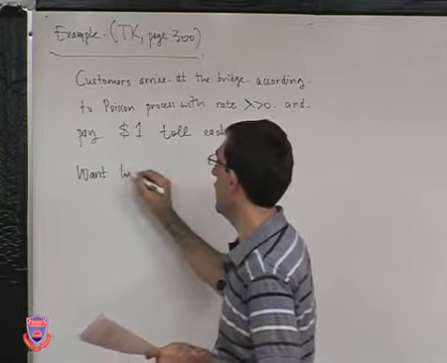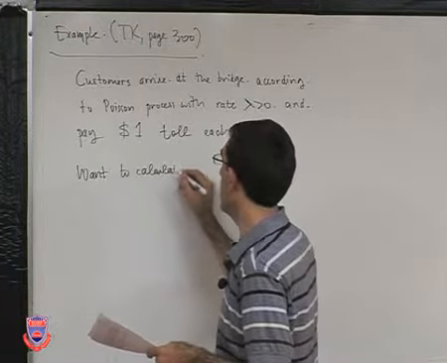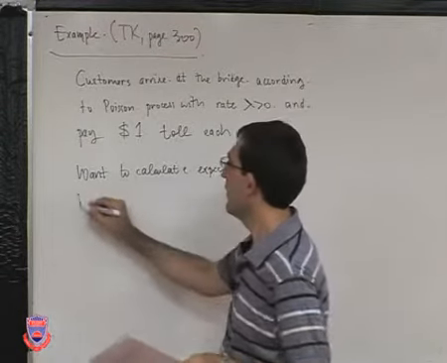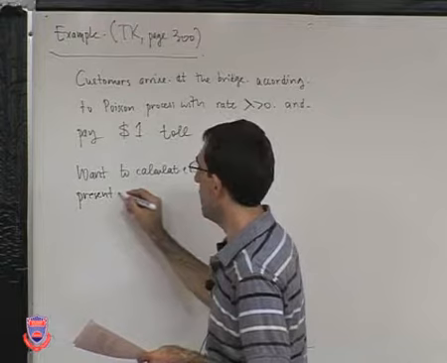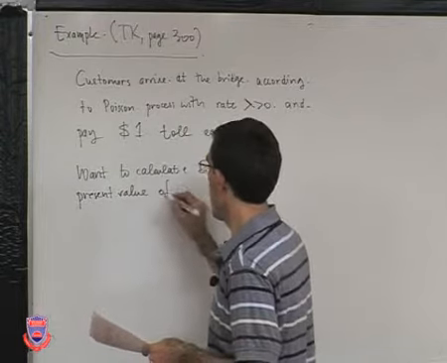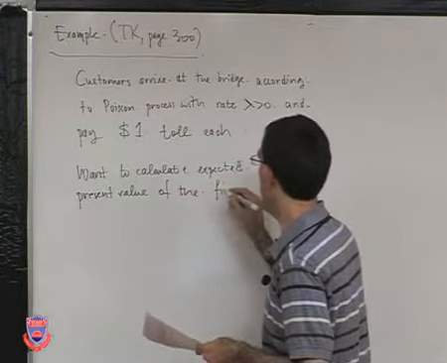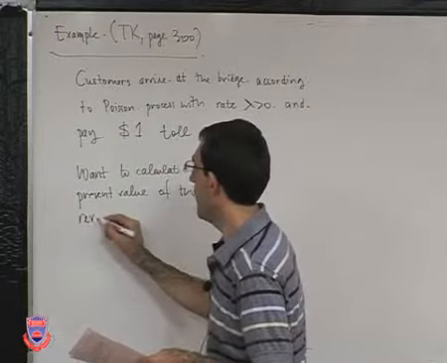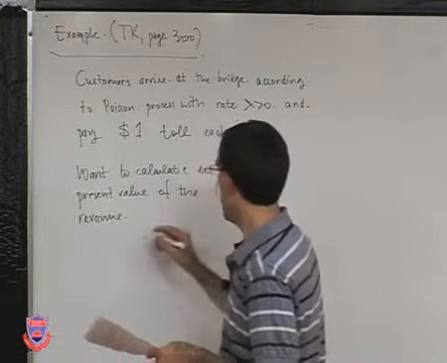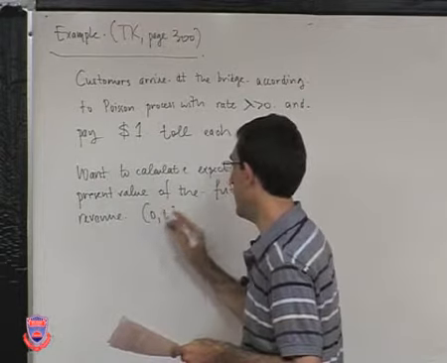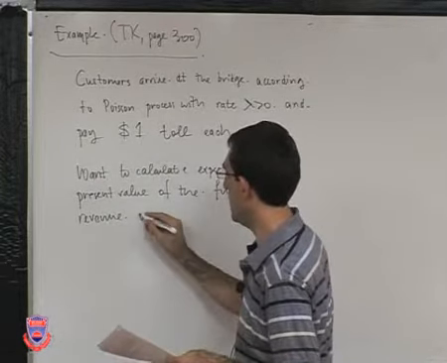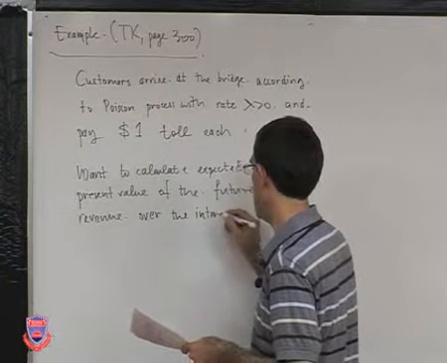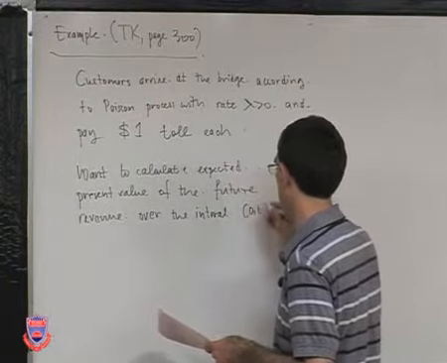And then we want to calculate the expected present value of the future revenue. I said future actually, but we will be looking only at a finite horizon, over the interval from 0 to t.